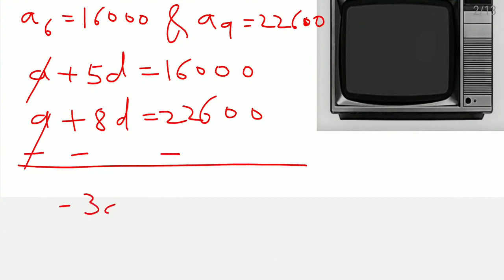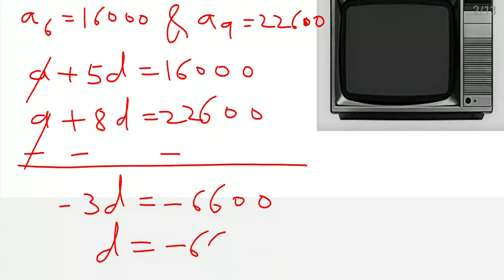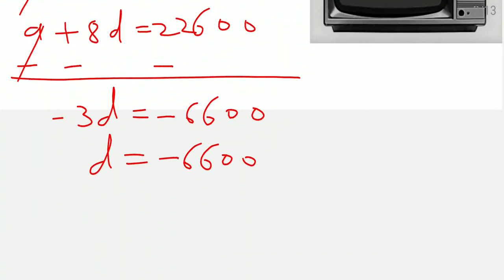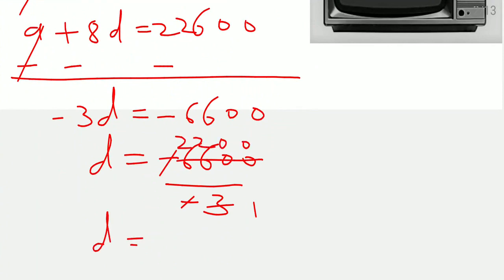This is minus 3D, which is equal to minus 6,600, that is 16,000 minus 22,600. So the value of D will come as minus 6,600 divided by minus 3. Cancel the negative sign, so the common difference came as 2200.